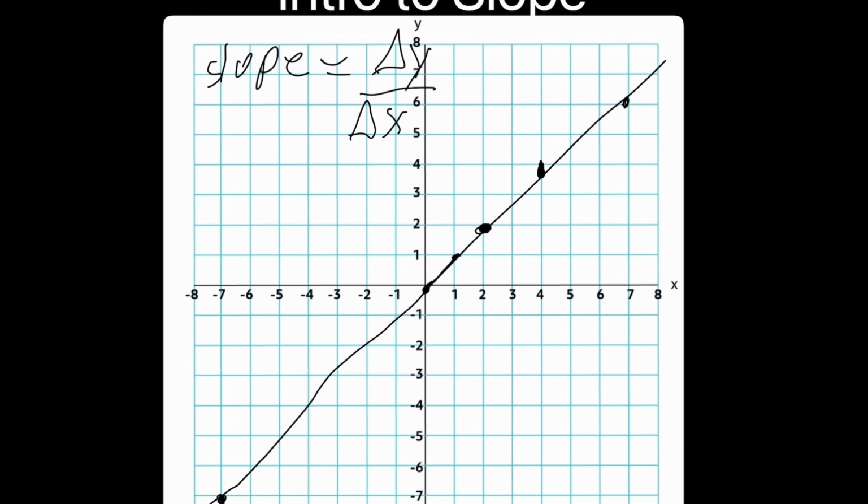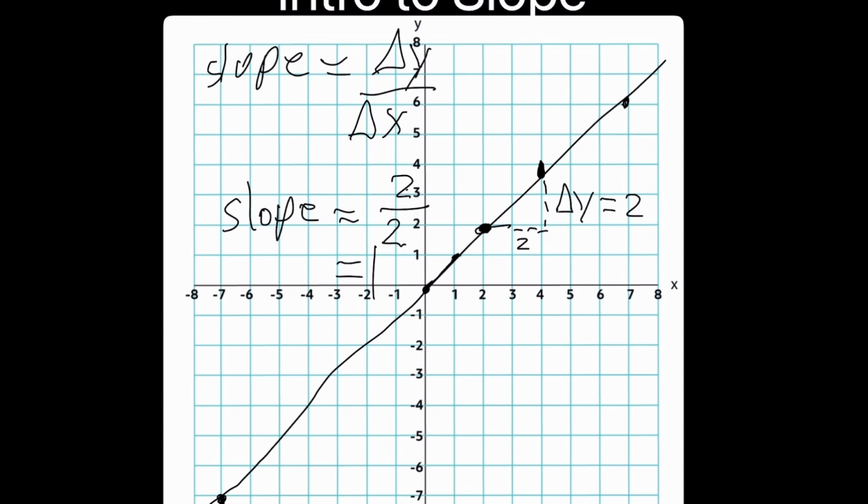Here, we can just measure the change in y is equal to 2. So we can substitute that into our slope formula: 2 over the change in x. And the change in x from here to here is also just 2. And now we see that the slope is 2 divided by 2.